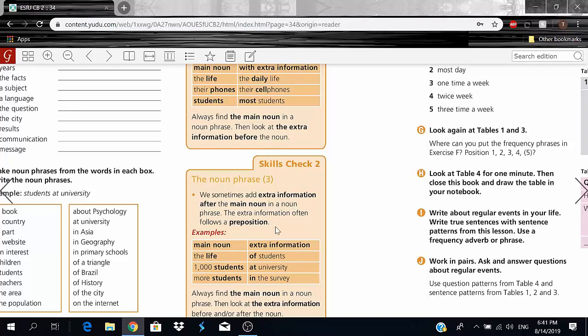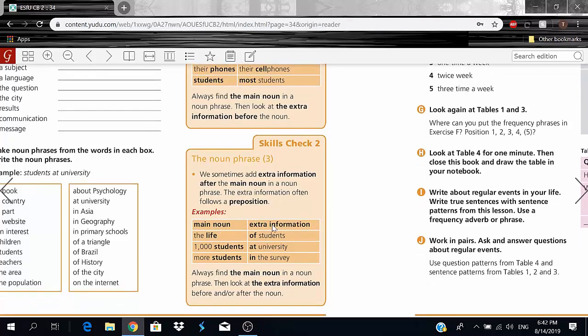Okay? So when we add extra information, there's usually a preposition. Okay? So let's have some examples here. So main noun and extra information after the main noun. So the life of students. 1,000 students at university. More students in the survey.